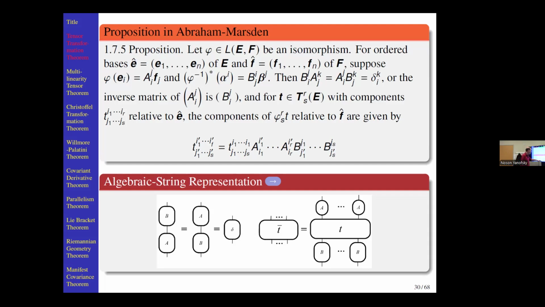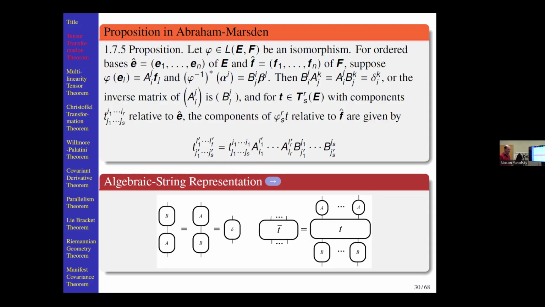So applying a coordinate transformation to a tensor, lower t, which has these indices in the contravariant place and these indices in the covariant place, well, t bar comes from t by the string diagram. I call it an algebraic string diagram. And up here, where Abraham and Marsden say that B times A equals A times B equals the Dirac delta, well, that's what these two string diagram equations say.